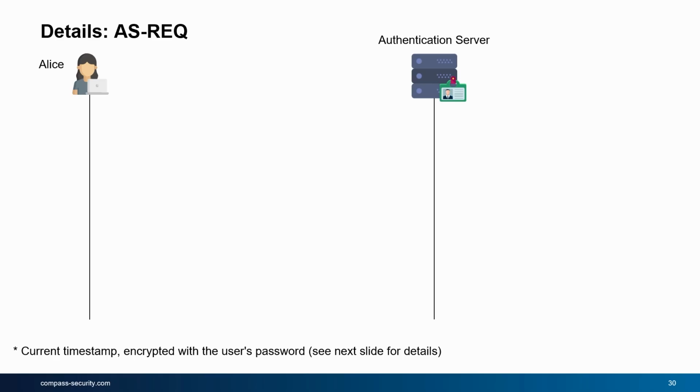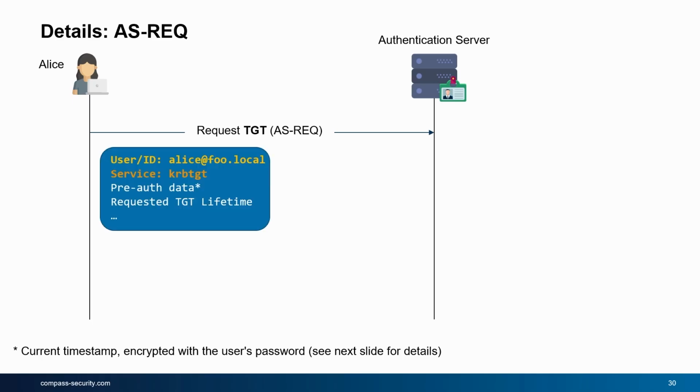So first, we've learned that it all starts with a so-called AS-REQ, where a user goes to the authentication server and asks for a so-called TGT. Now, for this TGT request, we have to send some information. First of all, our user ID, what service we want to talk to, and for TGT requests, this will always be the krbtgt account.